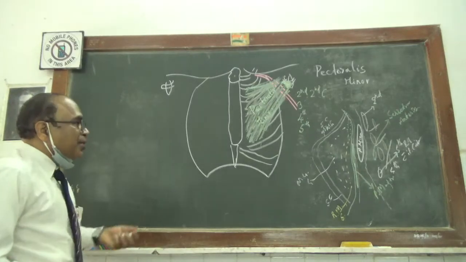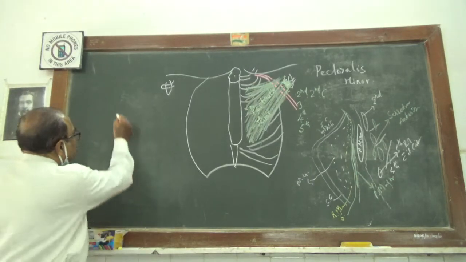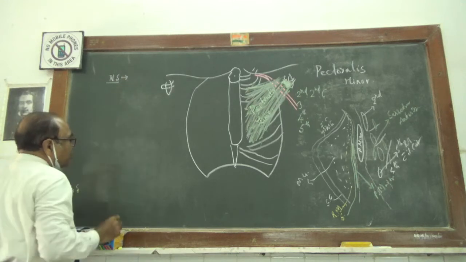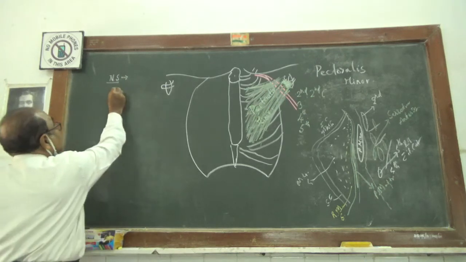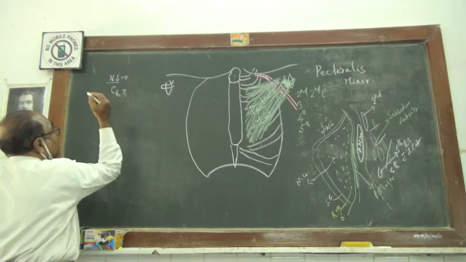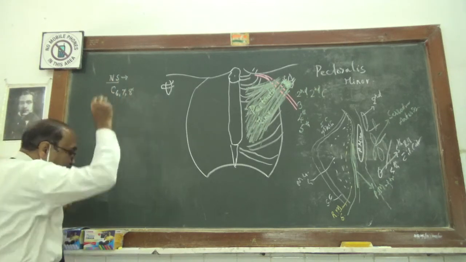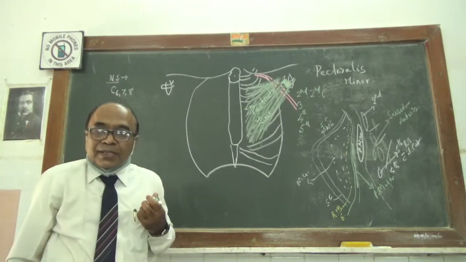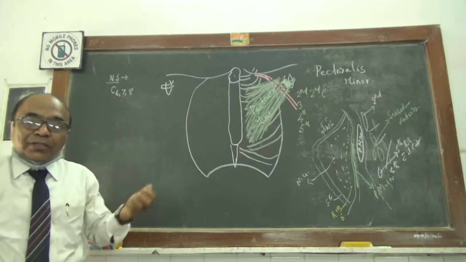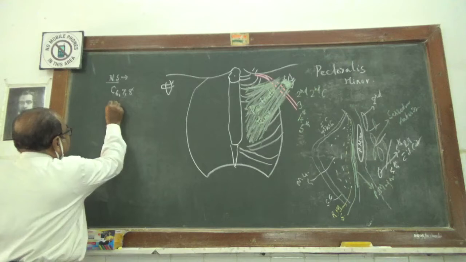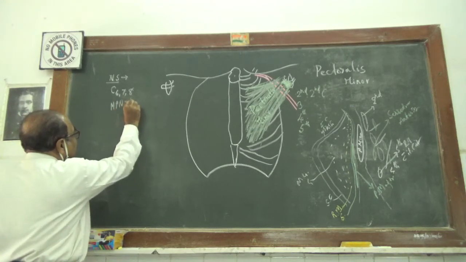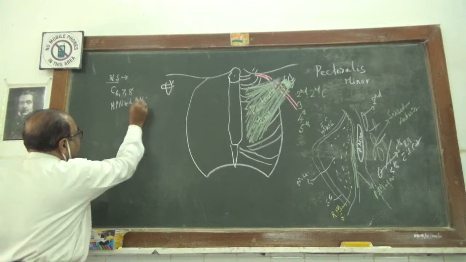Now once this relation is over, you have to go to the nerve supply. Nerve supply for the pectoralis minor is by cervical spinal nerve 6, cervical spinal nerve 7, and cervical spinal nerve 8 via the brachial plexus, with the names medial pectoral nerve and lateral pectoral nerve.